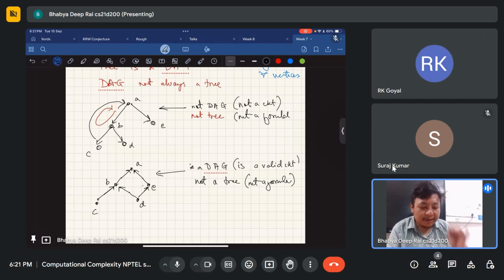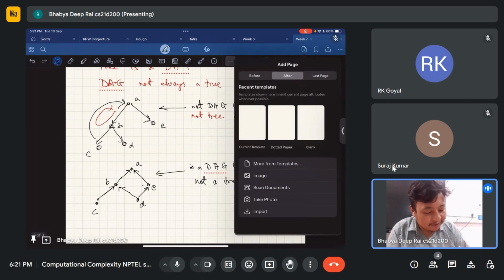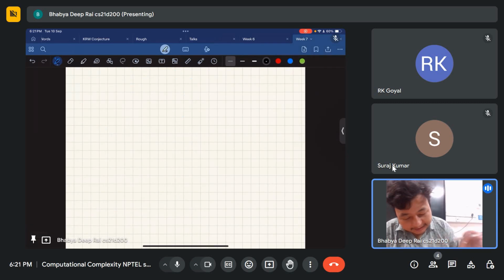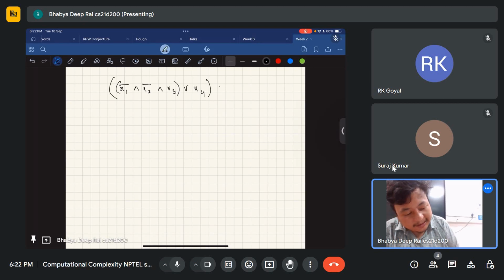Okay. So a formula, if you make it into a diagrammatic representation, will always look like a tree. For example, any Boolean expression is always a formula. Example, if I write x1 bar and x2 bar and x3 or x4 and x3 bar or x3, not x3 bar, x4 or x3, let's say this is my Boolean formula.